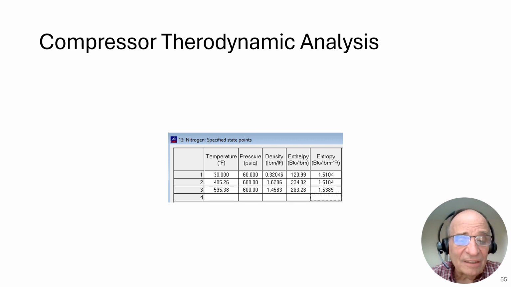In the ideal adiabatic isentropic compressor, we went up to a temperature of 485.26 degrees Fahrenheit. But in a real world compressor, we go up to a higher temperature. And why is that? Because the inefficiency of the compressor results in additional heat energy that goes into the fluid. And that's why this is at a higher temperature.